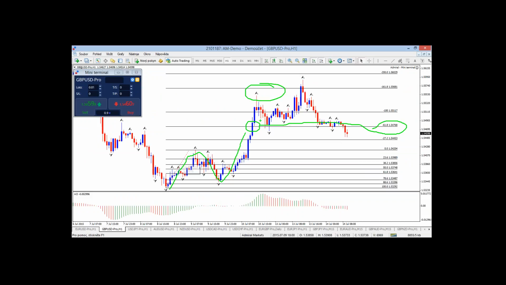It went quite close to the minus 61.8, which severely increases the chance it's more of a wave 3. Now, if it really wants to confirm it's a wave 3, it sometimes even goes further to minus 200, minus 261.8. But a minus 161.8 is almost the minimum needed for wave 3.